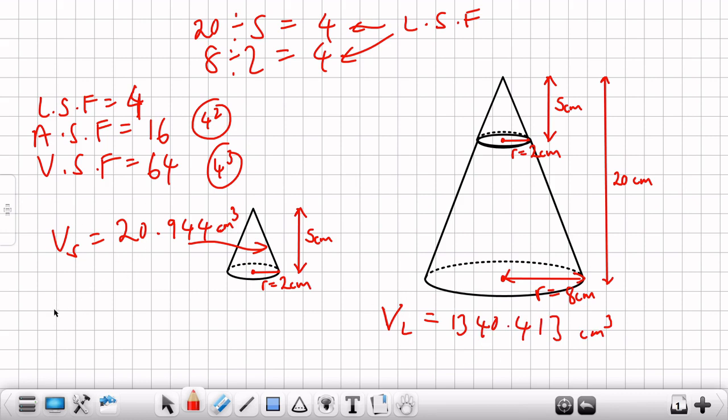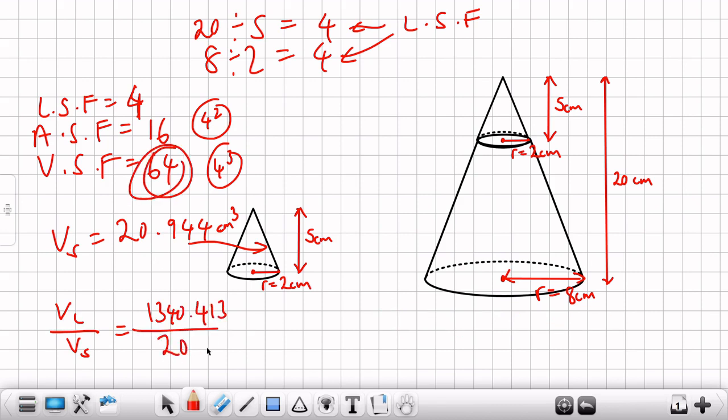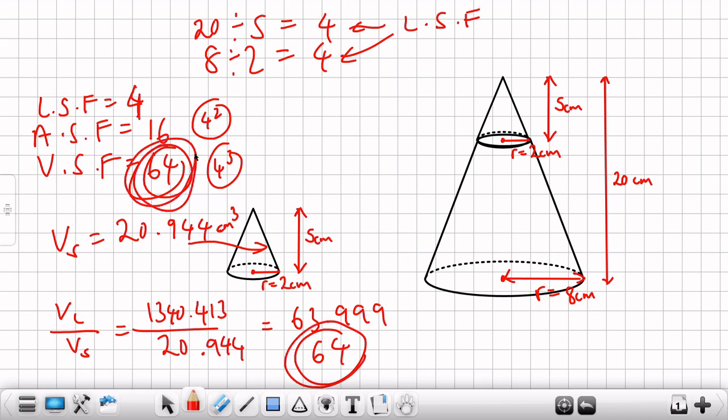So if I did VL, V large divided by VS, I wonder what I'm going to get. So if I do that on the calculator, I'll get 63.999. You know what, that is 64, close enough to 64. That there is the volume scale factor right there.